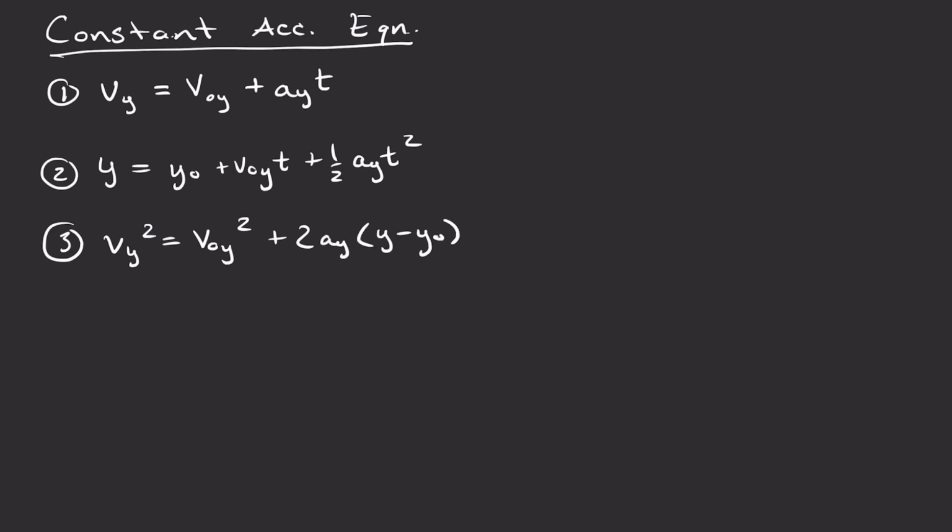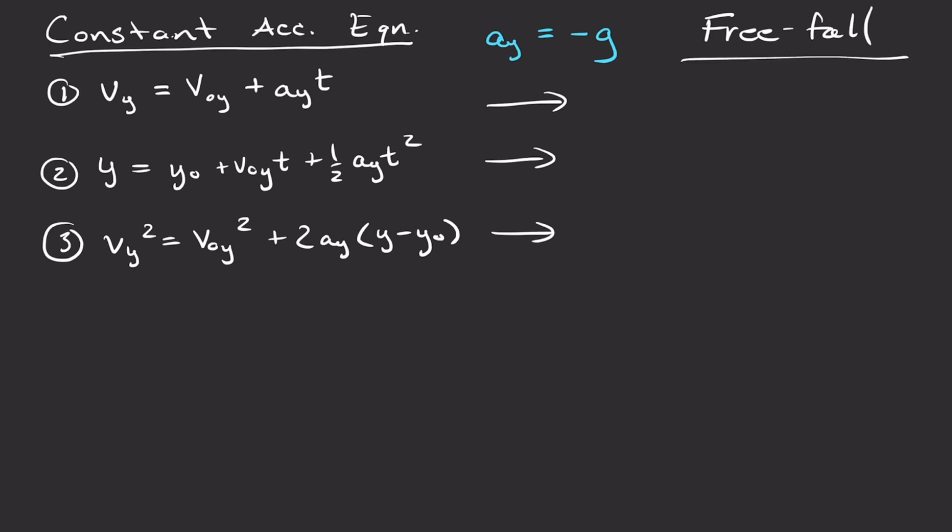Okay, so now if we use the fact that we know the acceleration in the y direction is equal to minus g, and we substitute, we can get our free fall equations. This one becomes vy equals v naught y minus gt.